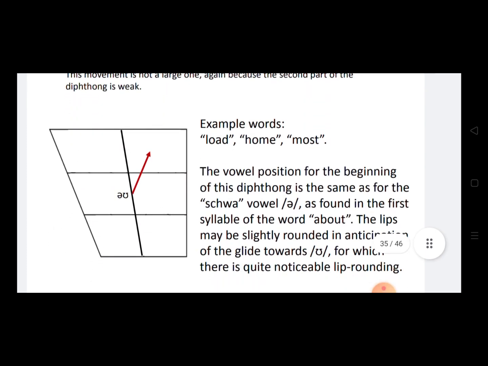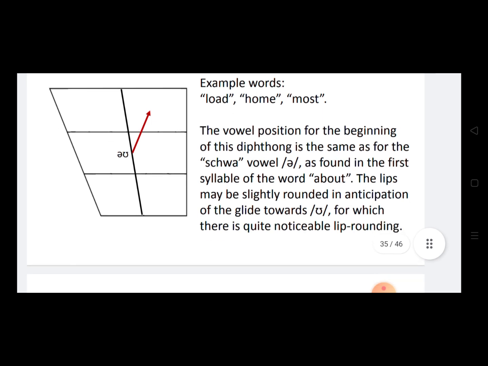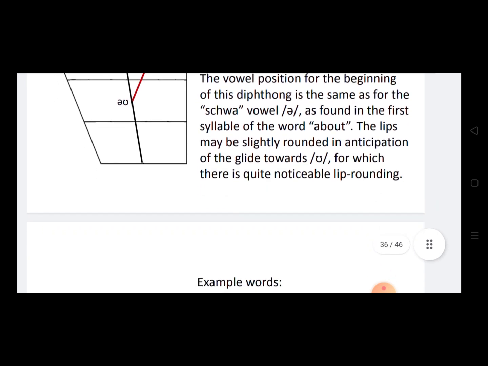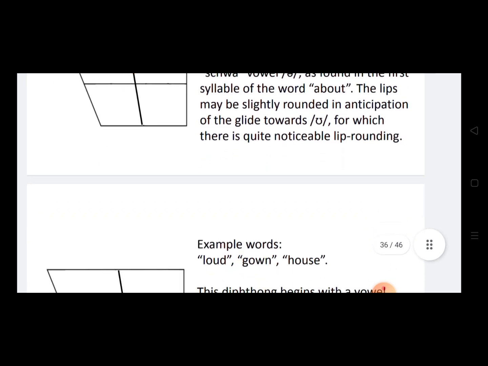And another is ou. Examples: home, most, lot. The vowel position for the beginning of this diphthong is the same as for schwa, as found in the first syllable of the word. Lips may be slightly rounded in anticipation of the glide towards o.